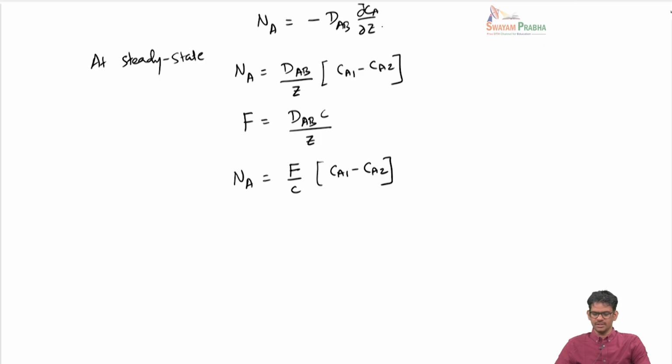So this is from the fundamental laws of mass transfer for equimolar counter diffusion. In the case of the phenomenological approach, we write Na is equal to Kc prime times Ca1 minus Ca2.